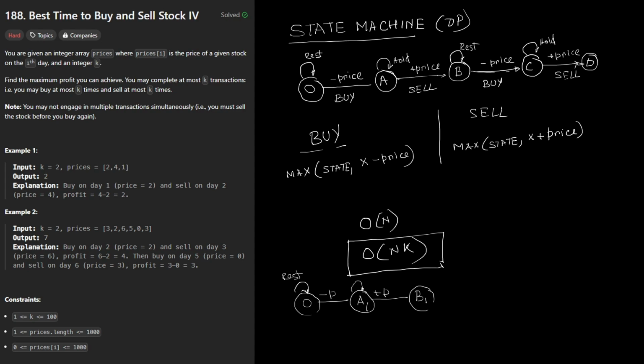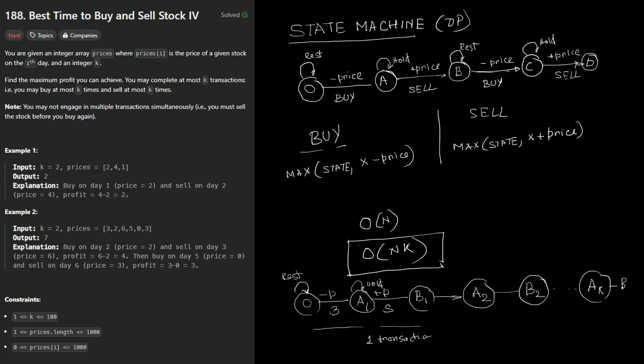We can hold it, and it would be buy and it would be sell, and this total would be one transaction. Now we can do this for k times. So again it could be A2 and B2, and it can go till Ak and Bk, and that is the idea.